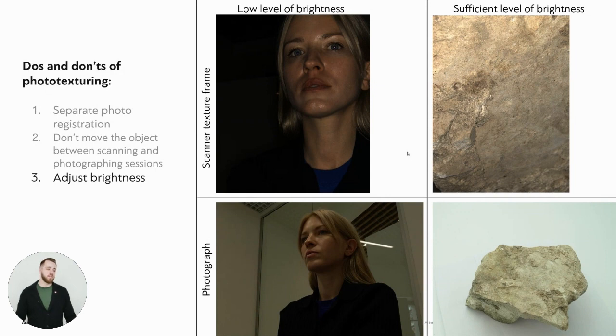Right here, I wanted to show you the example of the low level of brightness on both scanner texture frame and the camera picture, and the sufficient level of brightness on the texture frame and the photo that you took with the camera. So please do not hesitate to adjust brightness for both your scanner and your camera.